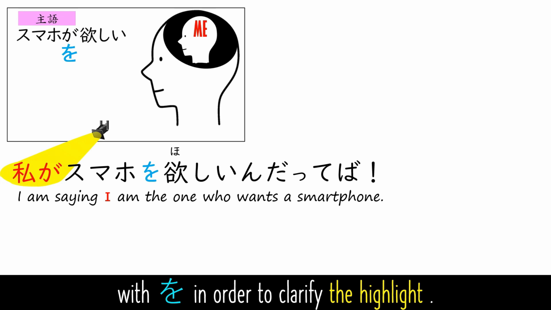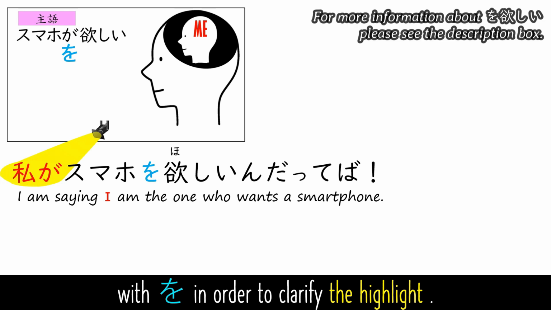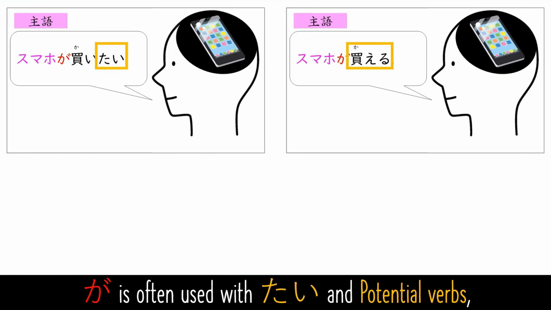私がスマホを欲しいんだってば。 Ga is often used with たい and potential verbs.